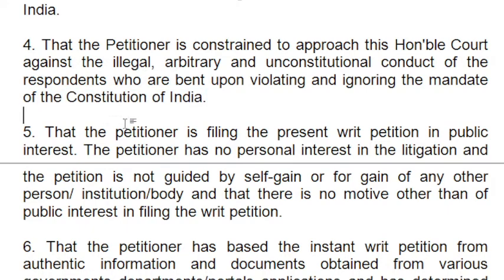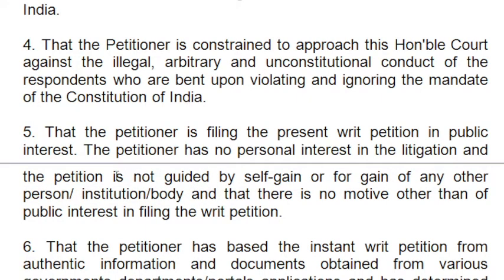Alright, now the fifth point: the petitioner is filing this writ petition in public interest. So the interest is public, not personal. You have to mention that the petitioner has no personal interest in the litigation, and is not guided by self gain or for gain of any other person, authority or body.